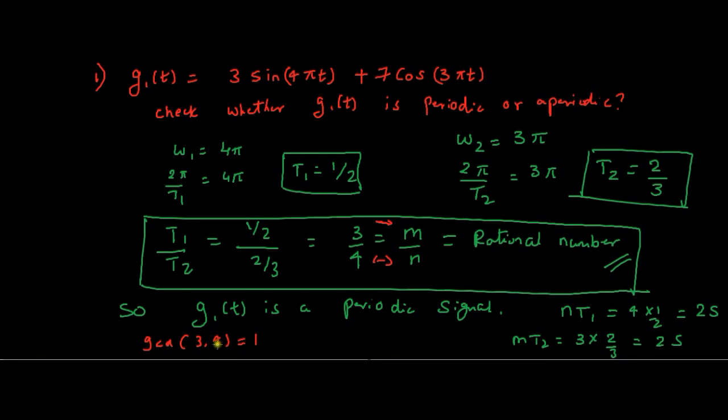So GCD of 3 and 4 is 1. So the fundamental period can be calculated by n times t1 or m times t2, which is 2 seconds. So it is a periodic signal, and the fundamental period is 2 seconds.